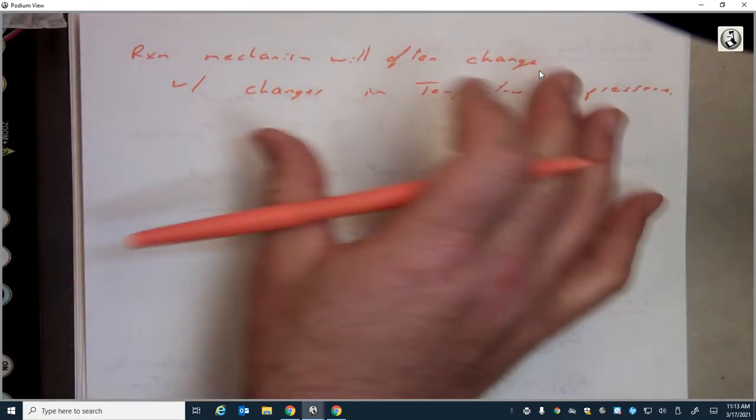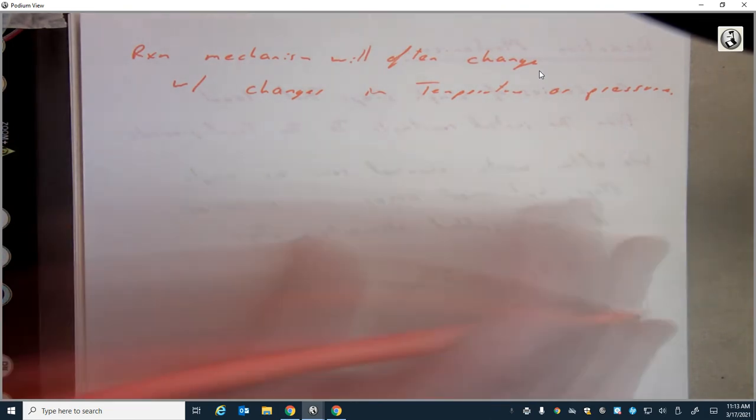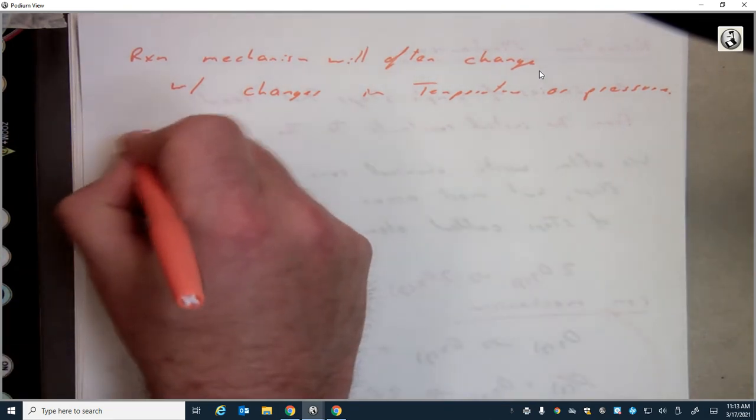So the reaction mechanism can change depending on the conditions that we're in. And I want to give you an example.